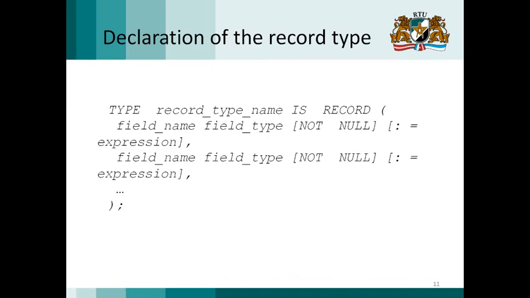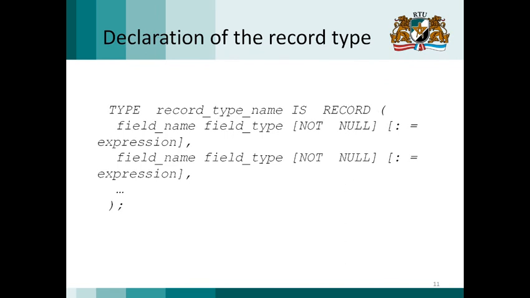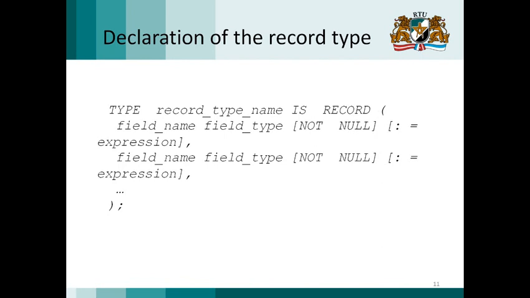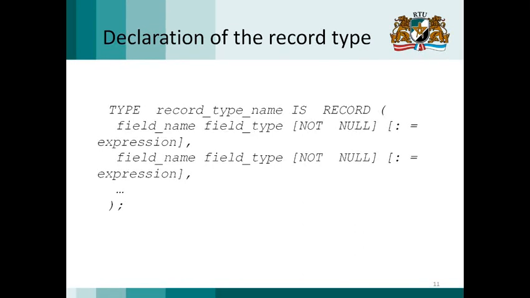So we can see how this declaration of a record is actually written in a formal way. We write this type, then we assign this type name. For example, in this case, it would be type person is record, and then we define all the field names and all the field types.